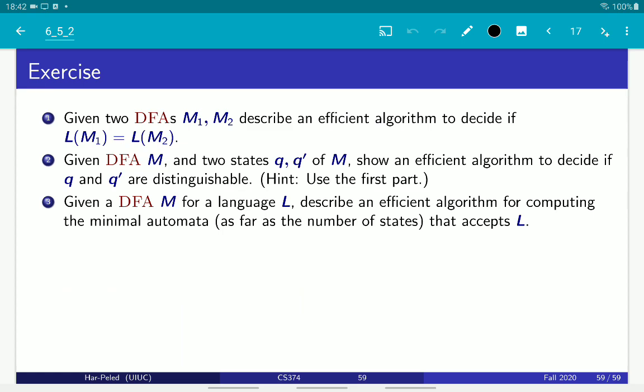This is easy to do with the first part. And now, given a DFA for a language, describe how to build the minimum automaton for it. I will give you a hint: you need to use the previous part. And that's it.